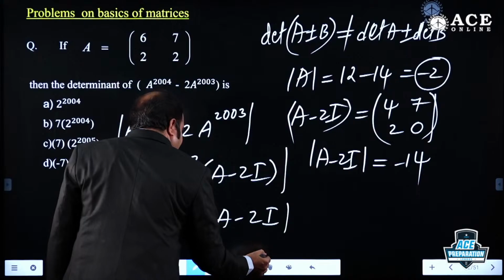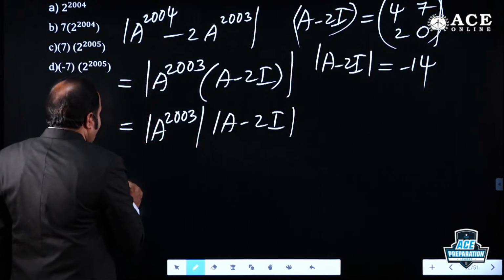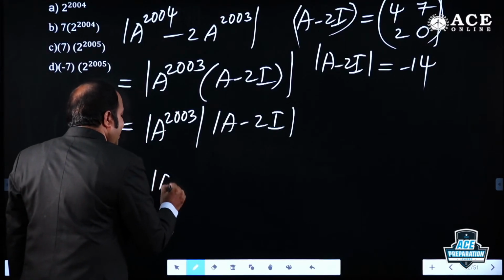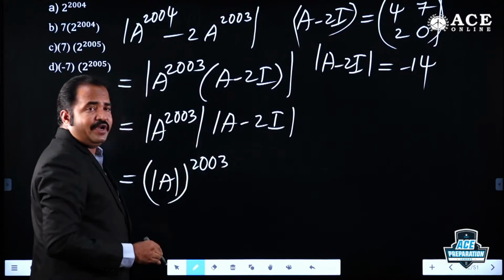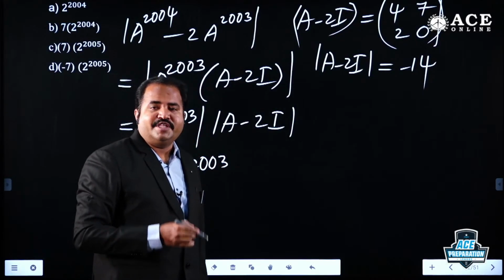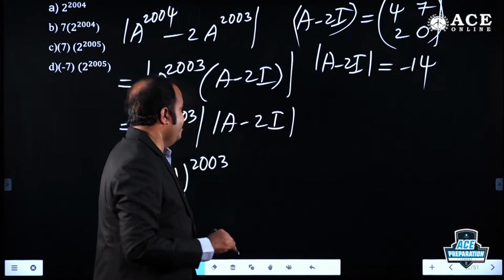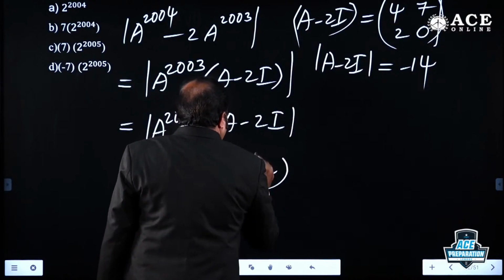So this is going to be finally det of A power 2003. That means (det A) whole power 2003 by our properties. Because we have a property: det of A power m equals (det A) whole power m. And this one is minus 14 only, right?